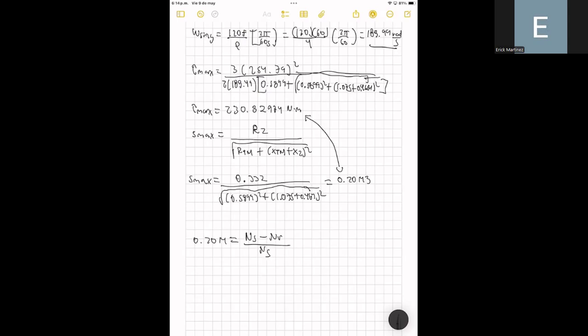Now we can express the synchronous speed as 120 times 60 divided by 4, that is the number of poles, minus the rotor speed, divided by 120 times 60 divided by 4.